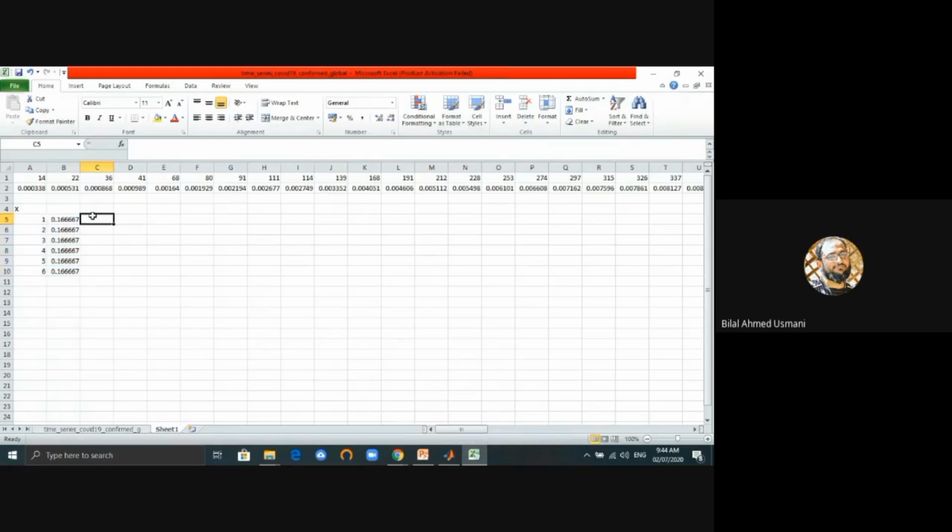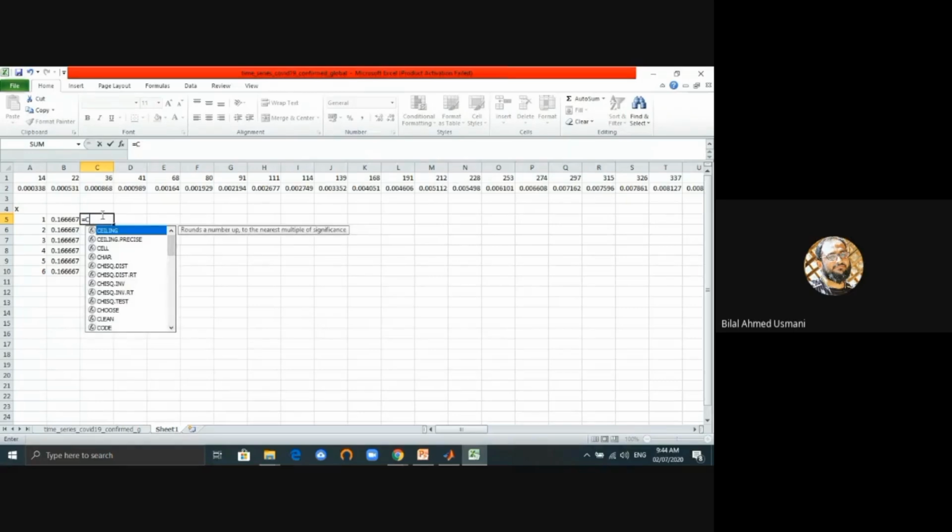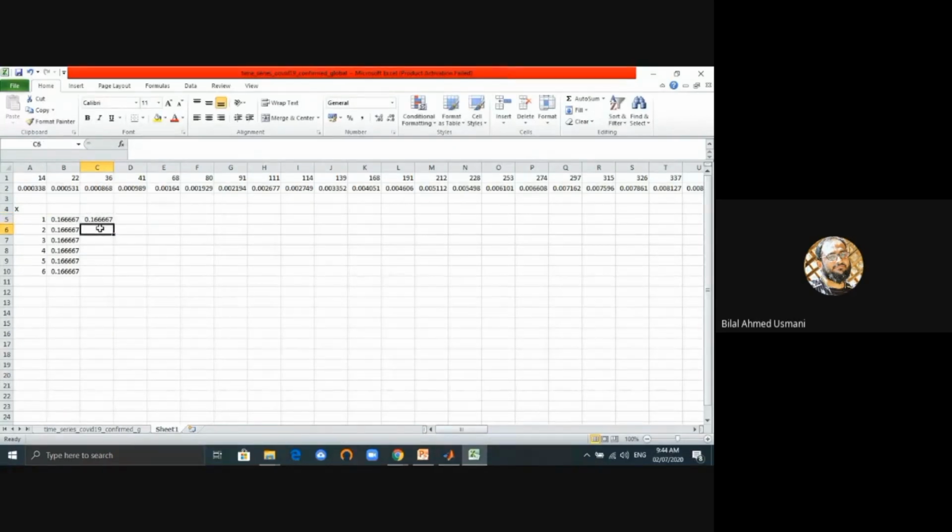And if I want to know the CDF, it would be the sum of the previous ones. So it would become like that, and let me try that.